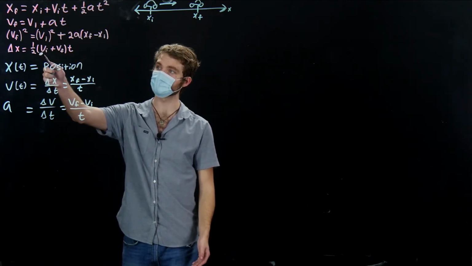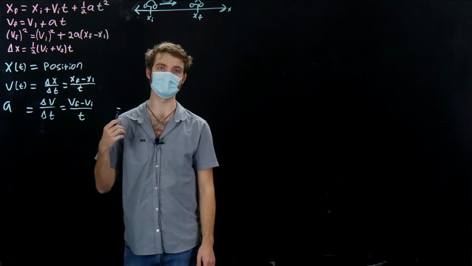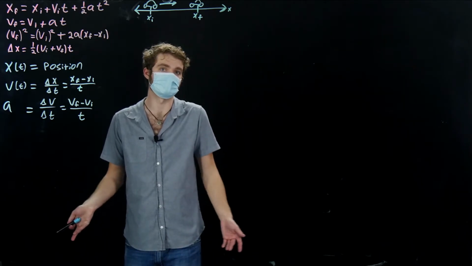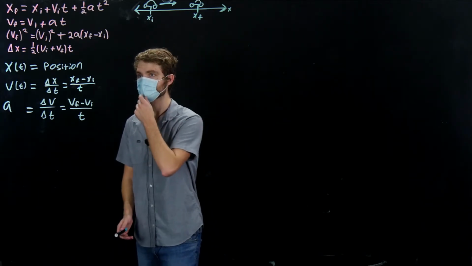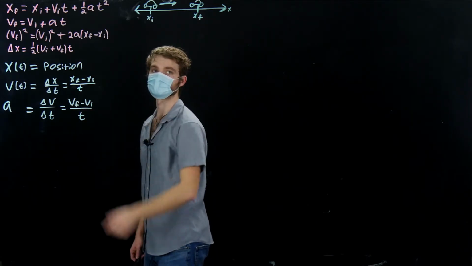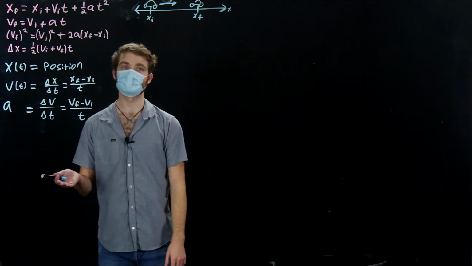In this other equation right here, you don't need acceleration. You just need your initial velocity and your final velocity, and you can have your position with respect to time. So how do we get rid of, first we'll start with getting rid of acceleration. How do we get rid of acceleration?